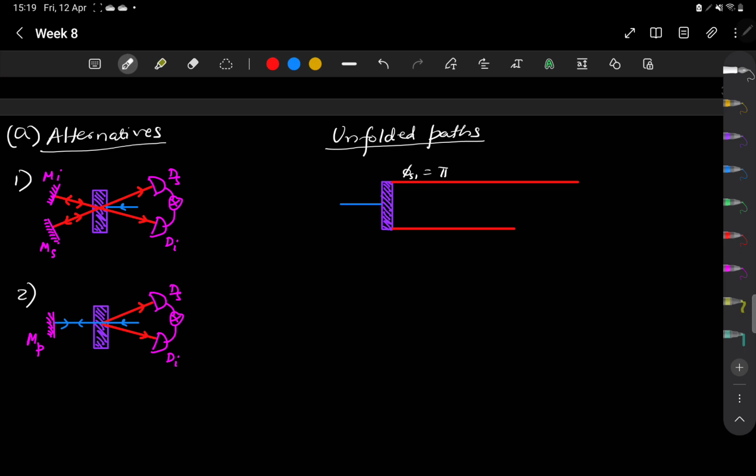This is from the reflection at the mirror. Now let us draw for the other.